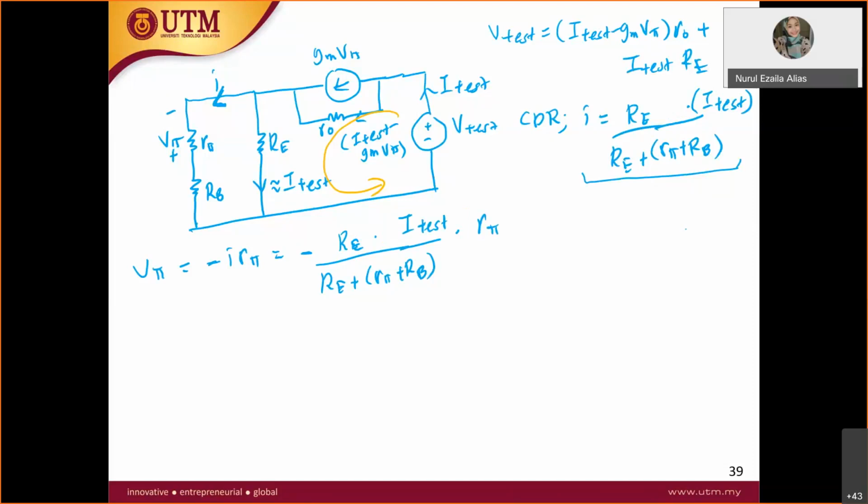So take again your V test over here, you write again. So V test will be equal to I test R naught. Okay, I expand the equation.